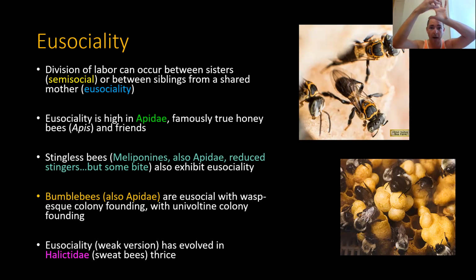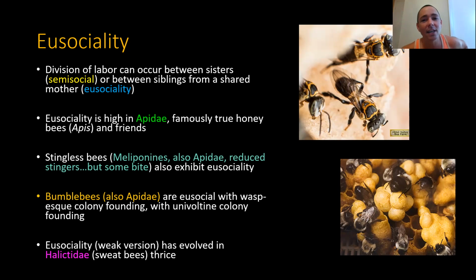So a queen is produced by a parental society, and then she disperses with a retinue of workers, maybe a few hundred workers that join her in founding a new society, which means she's much more likely to be successful because she's not going it alone. She doesn't have to forge it all anew on her own. She has a small workforce that assists her in all of those tasks. So they're much more likely to be successful if there's swarm founding. The same is true with stingless bees, meliponine bees.